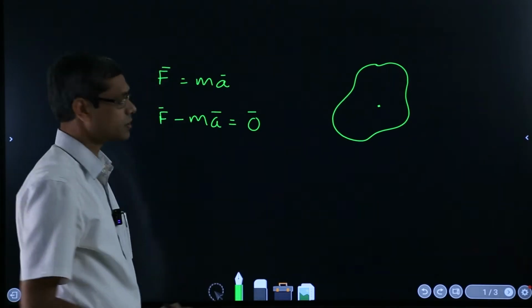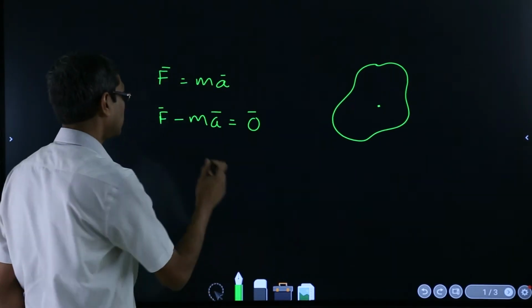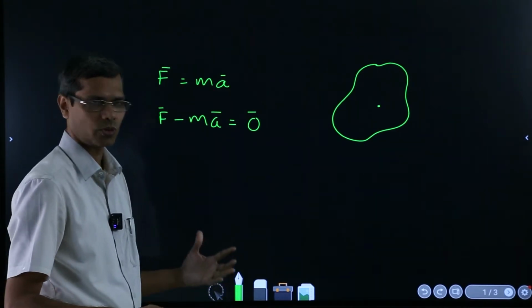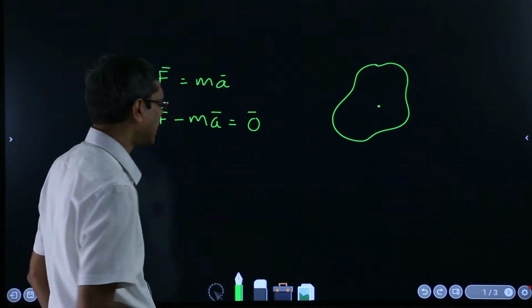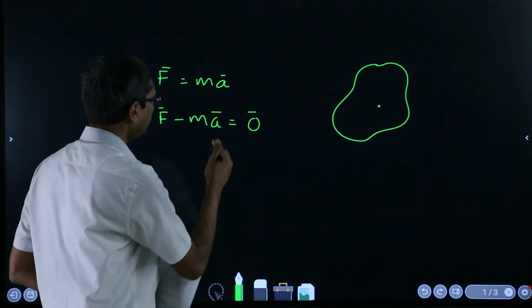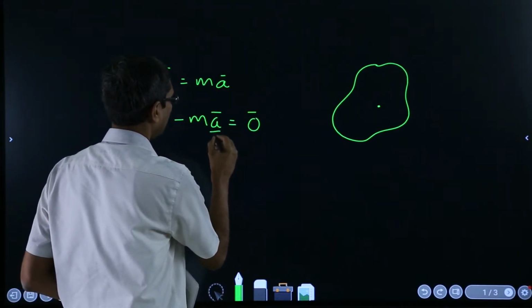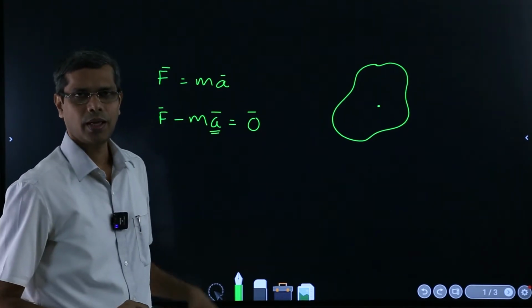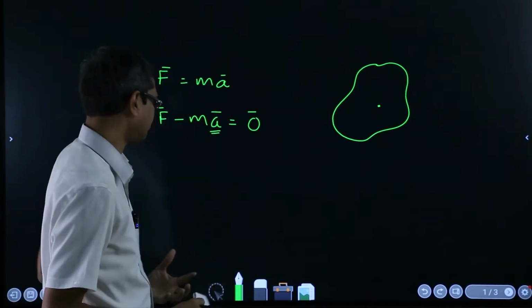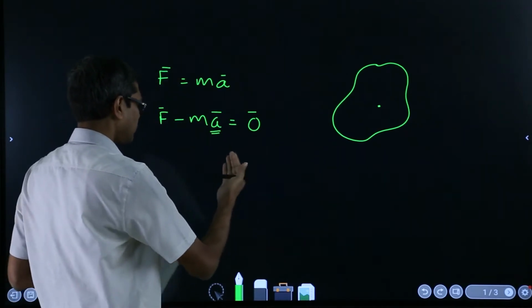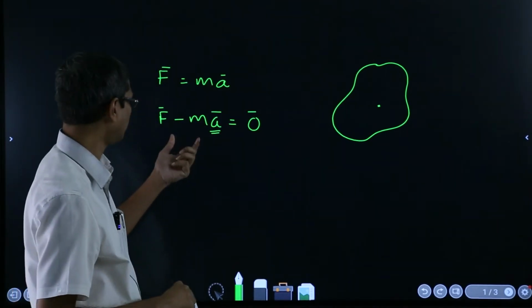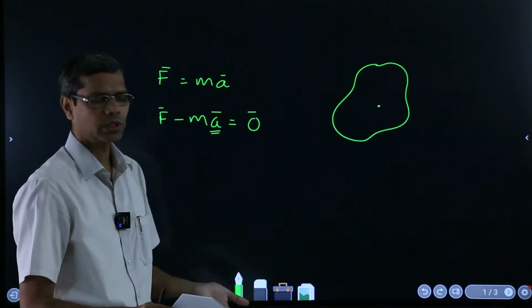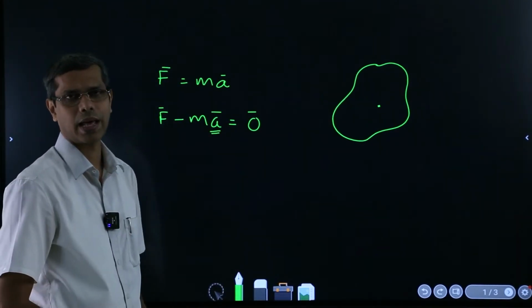Now this becomes a balance equation again, so in this case we can say that everything is static. This is the equation of dynamic equilibrium. If we know this acceleration somehow, we just multiply with m, and we get the pseudo force which we can consider to be acting along with the F, to keep everything in balance.